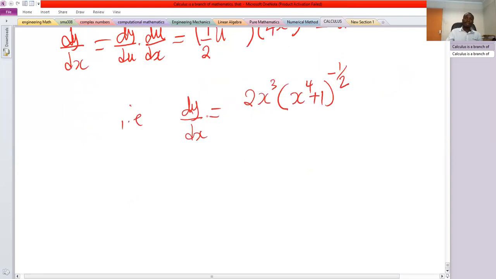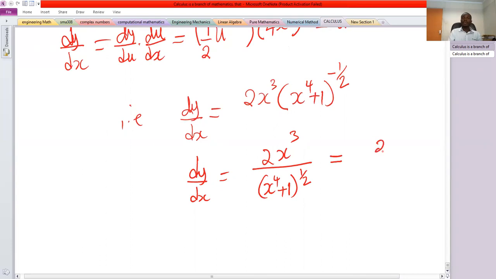You can write that as dy dx equals 2x power 3 over x power 4 plus 1 raised to now positive a half, which is 2x power 3 divided by square root of x power 4 plus 1. So that's what we get in that given problem.